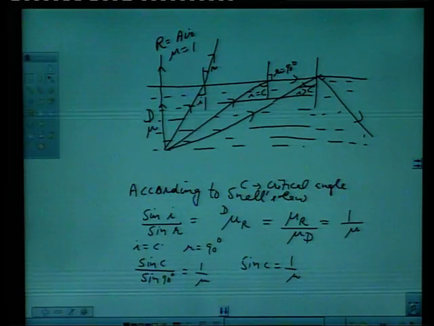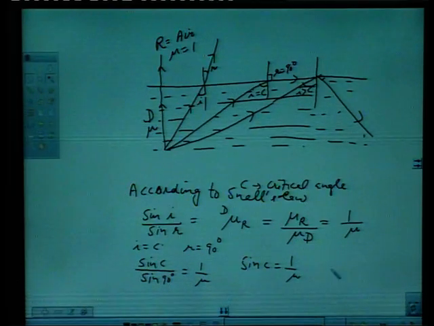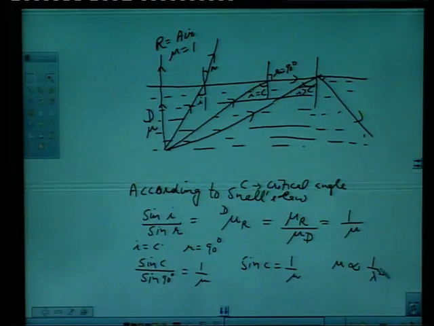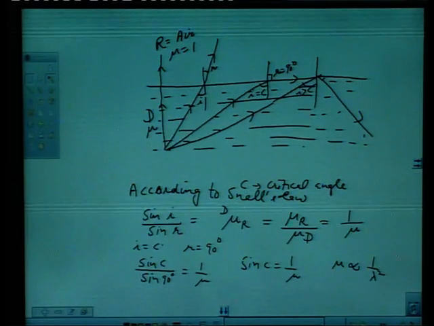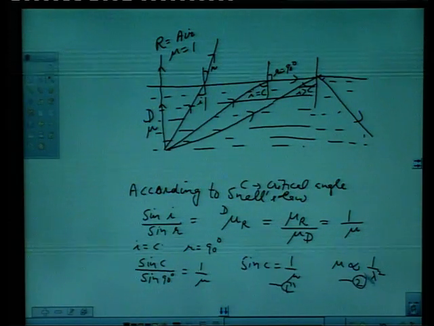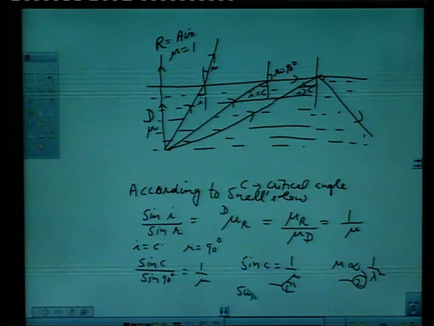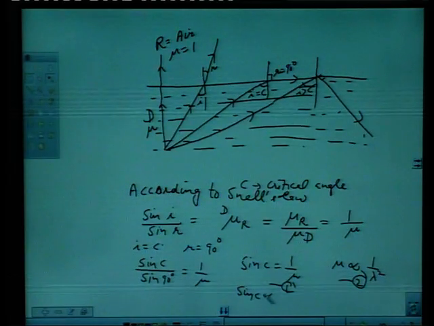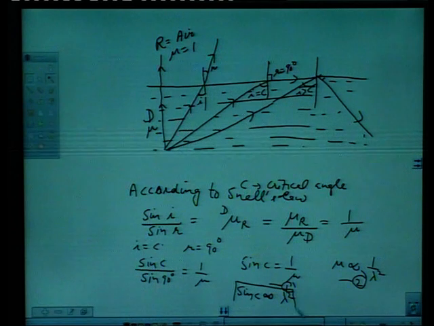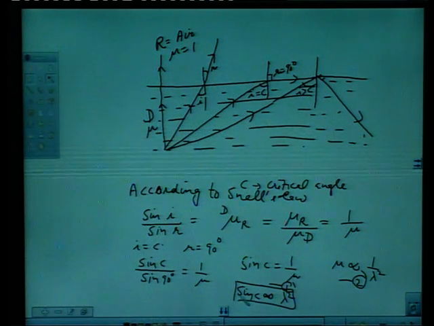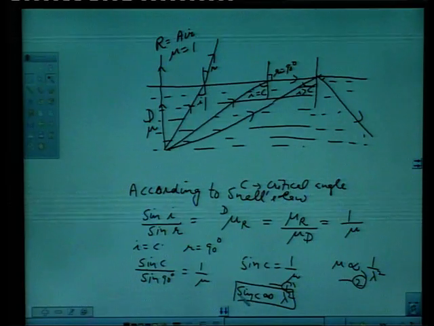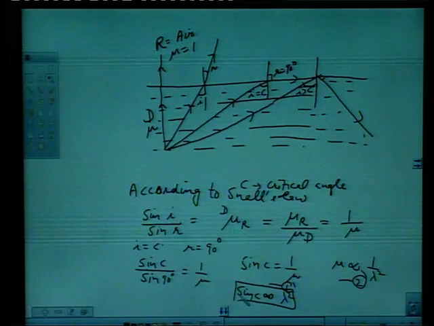Also we know that mu is directly proportional to 1 upon lambda square. So we can say from 1 and 2 that sin C is directly proportional to lambda square, which means that the critical angle depends upon the wavelength of the light, and it also depends upon the refractive index of the medium.